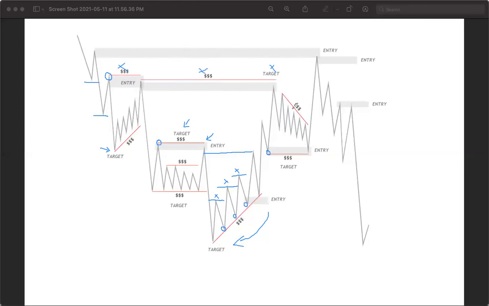When we have this corrective move into a POI that had broken structure to the upside, right? We broke the structure here, moving up, creating more liquidity above, running that liquidity, right? Running it above into this unmitigated POI up here that we can take a sell from. And we would have our entry there and maybe some sort of retracement up into here to take an entry.